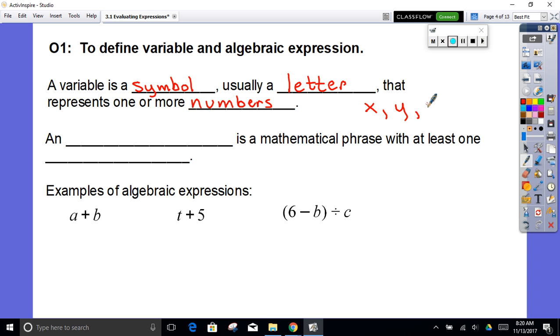The third most commonly used variable is z. And then we can also use any letter of the alphabet. You could also use a symbol to represent a variable. The point is that we have something that represents a number. So we have a missing number, we don't know what it is, we represent it with a symbol called a variable.